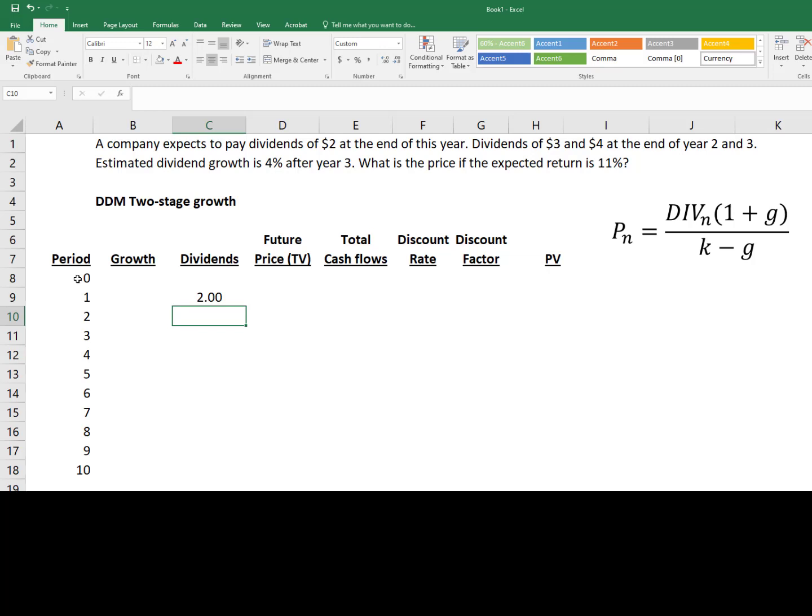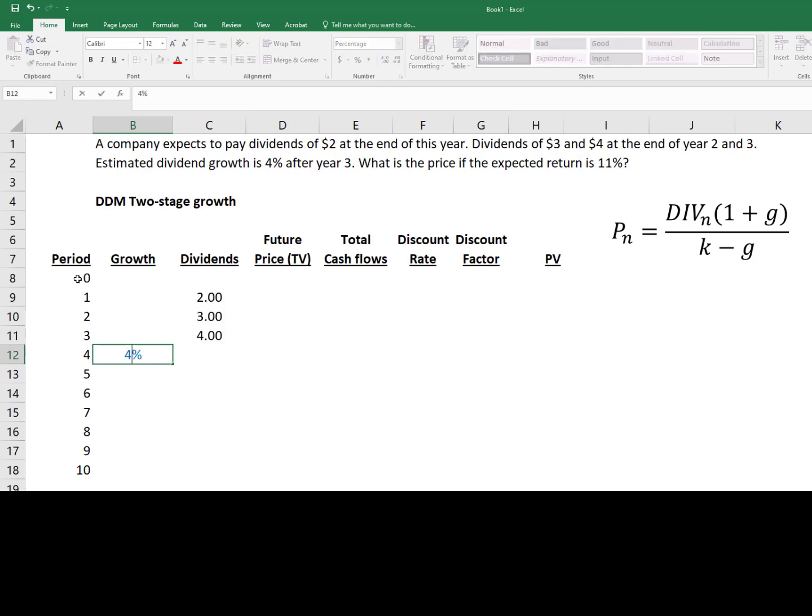Dividends of $3 and $4 at the ends of years 2 and 3. So we put in our $3 and our $4. Estimated dividend growth is 4% after year 3. So at this point we need to put the growth rates in. Notice that the growth rate is going to be 4% in perpetuity. So we're simply referring to the cell of 4% and dragging it down.